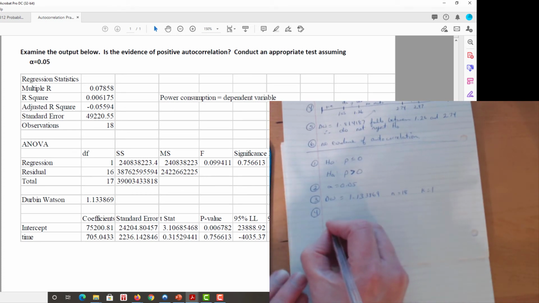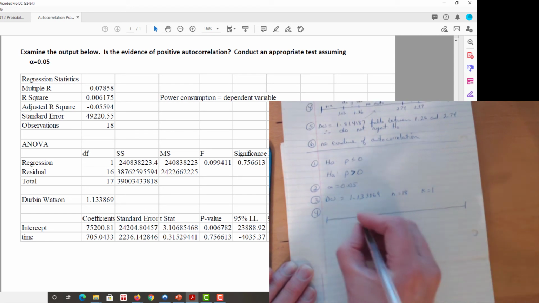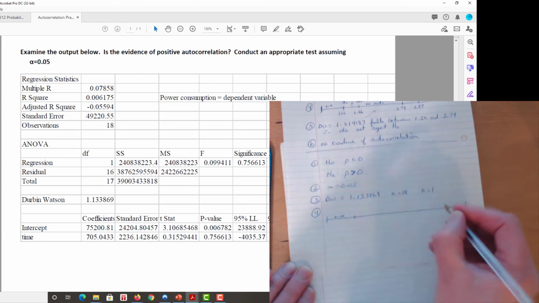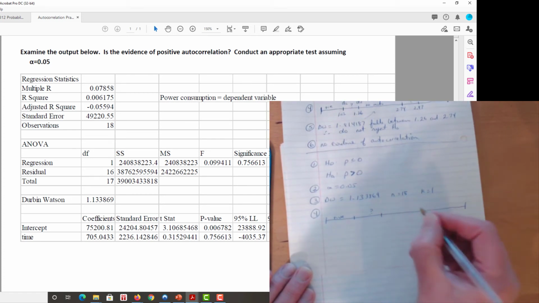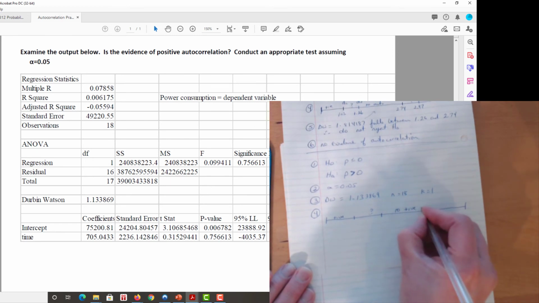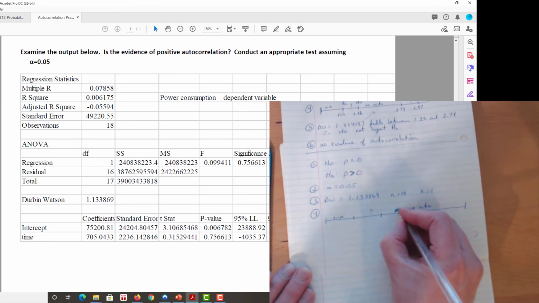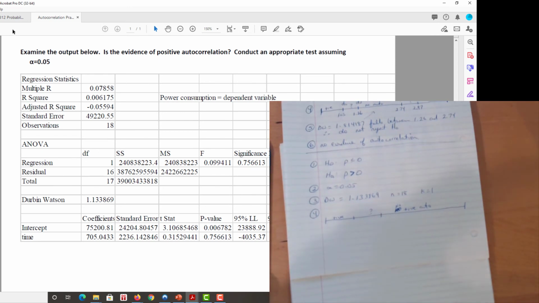So let's draw out our number line. Positive, the I don't know zone, and no positive autocorrelation. That's a NO, not a 10. So let's look up in our Durbin-Watson tables.